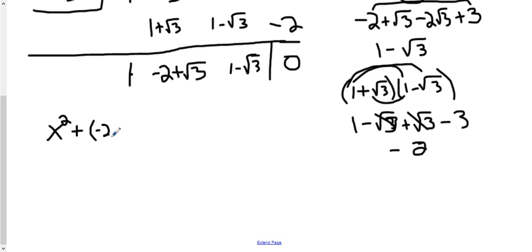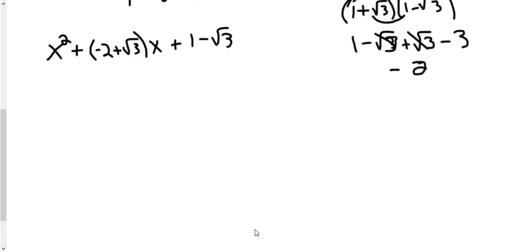Negative 2 plus the square root of 3 times x. Okay? That's the coefficient of x. And then this is the last thing. It's plus 1 minus the square root of 3. Pretty ugly. Now, of course, I wouldn't have the first idea how to factor that.